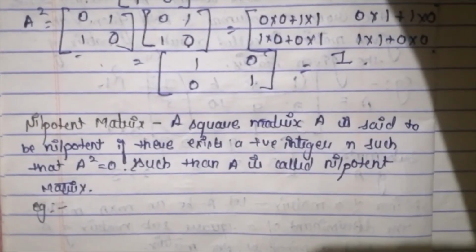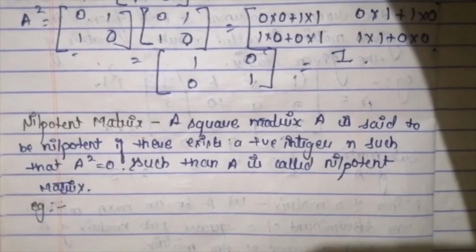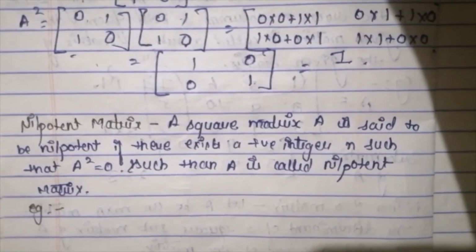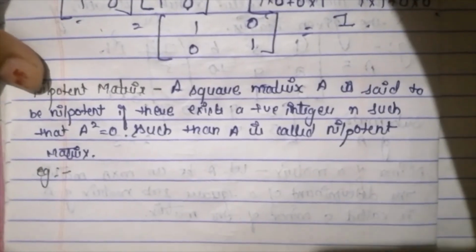Now the next type of matrix is the nilpotent matrix. Nilpotent matrices are those matrices for which, when we take the square of the matrix, we get the null matrix or a zero matrix as the answer. For example, an example of a nilpotent matrix is A equal to 0 0 1 0.